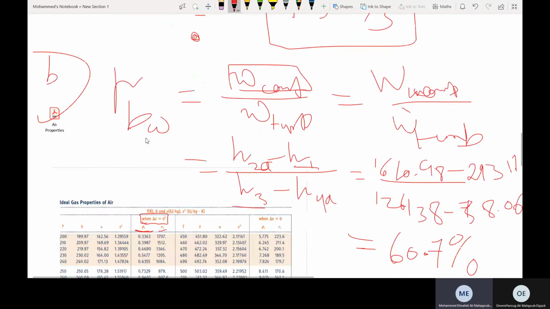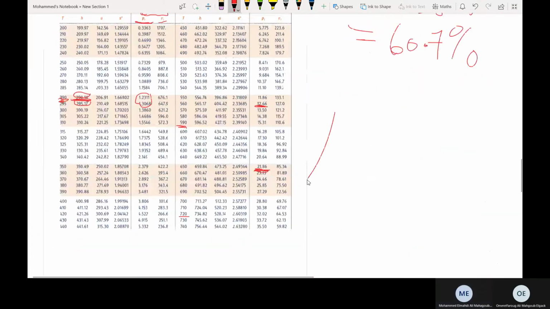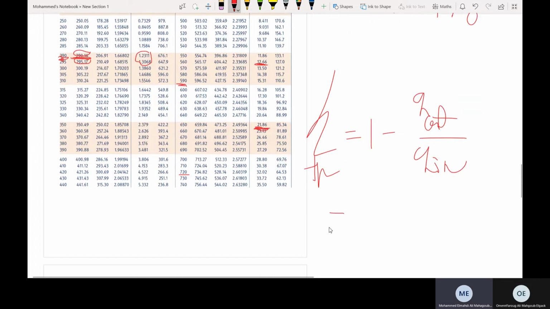And yeah, we need to find the plant efficiency. Yes, the plant efficiency, thermal efficiency, will be equal to what? The plant thermal efficiency is always 1 minus Q out over Q in, or you can say that it is net work over Q in.